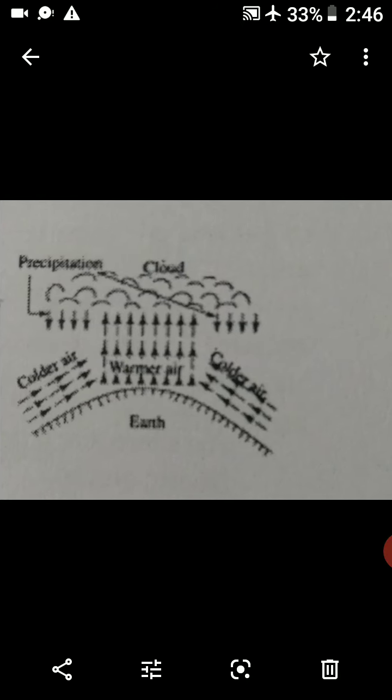This is a convective precipitation. You can see on both sides the cold air is moving, and at the center warm air is available, and due to this warm air the clouds get condensed and the precipitation occurs on the earth surface.